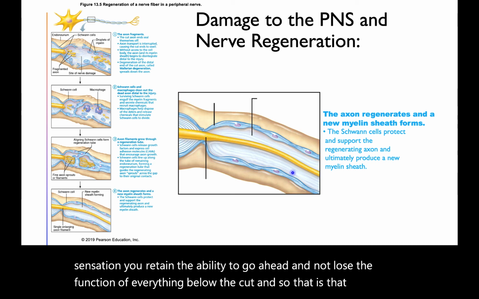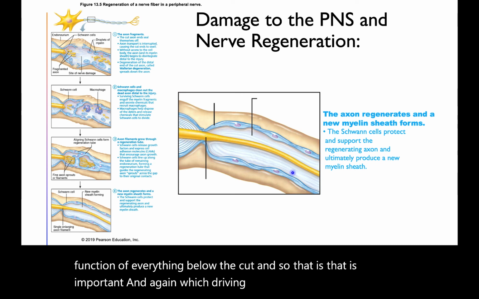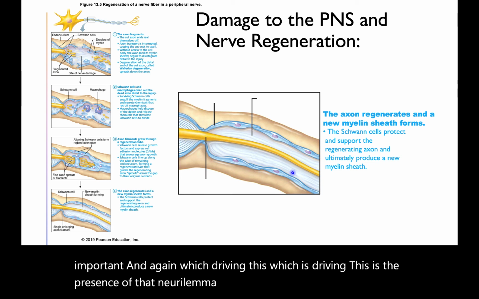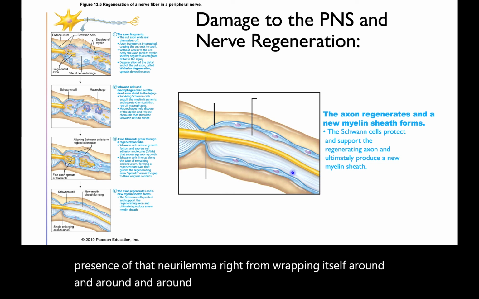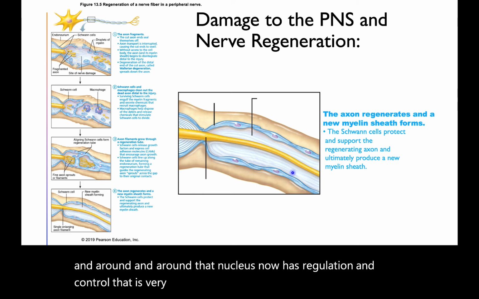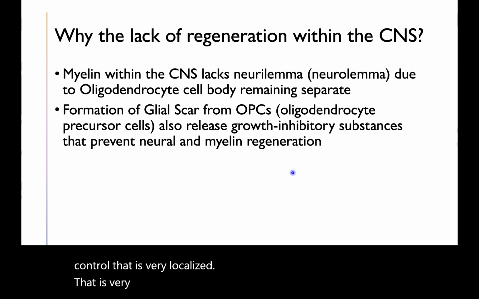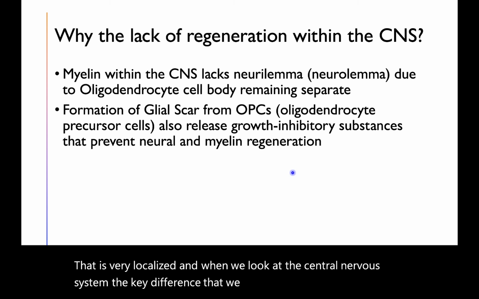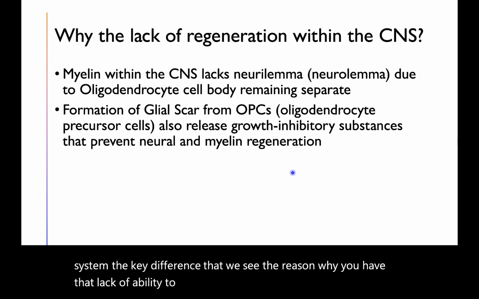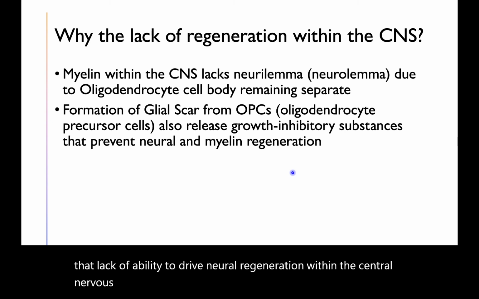And again, what's driving this is the presence of that neurolemma, right? From wrapping itself around and around and around. That nucleus now has regulation and control that is very localized. And when we look at the central nervous system, the key difference that we see, the reason why you have that lack of ability to drive neural regeneration within the central nervous system is twofold.